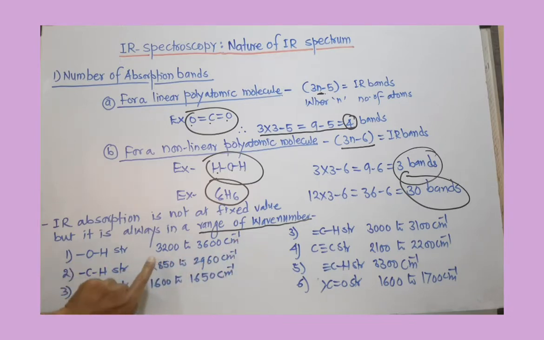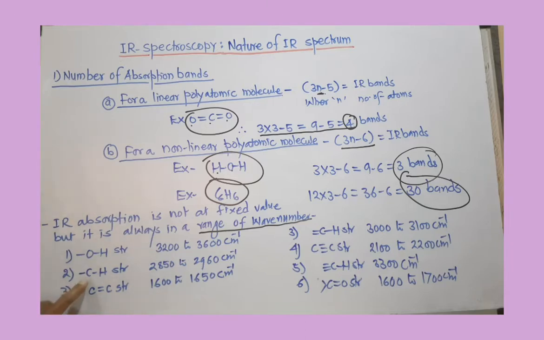For OH stretching, absorption always occurs between 3200 to 3600 per centimeter, centimeter inverse. This is a wave number. If you get an absorption in the IR spectrum in this region, you can easily predict that the molecule must have a hydroxyl group. That may be of phenol, of alcohol, or of carboxylic acid.